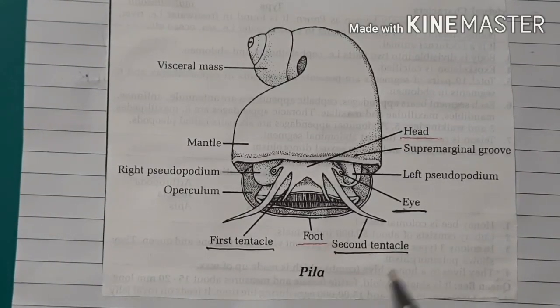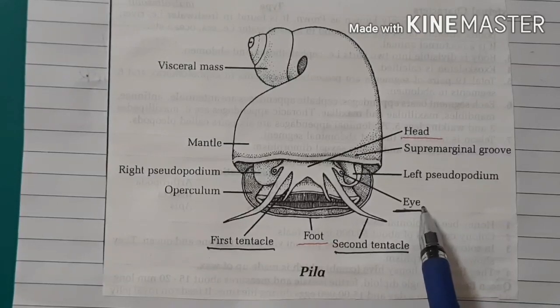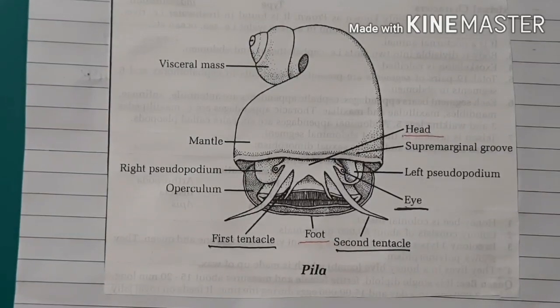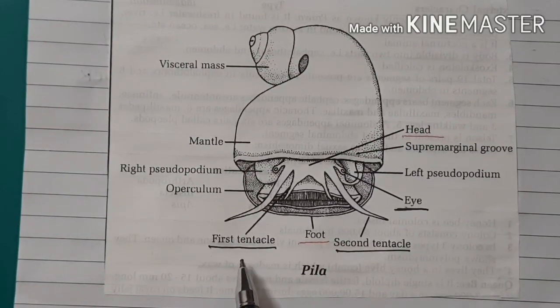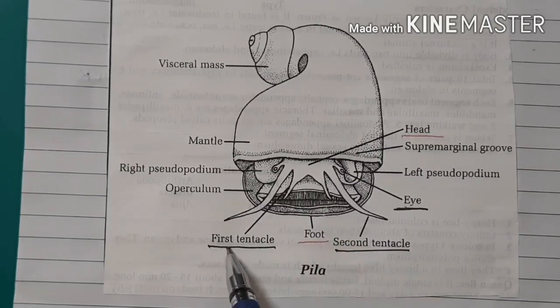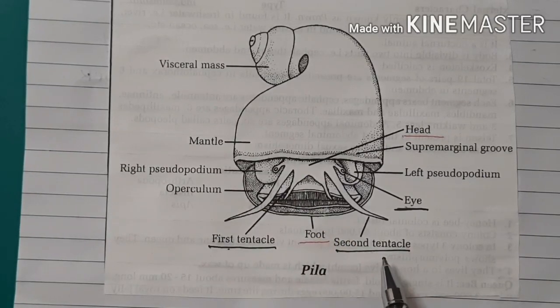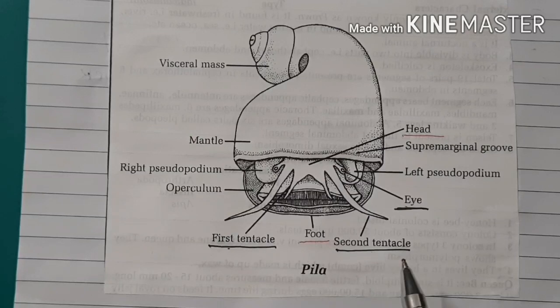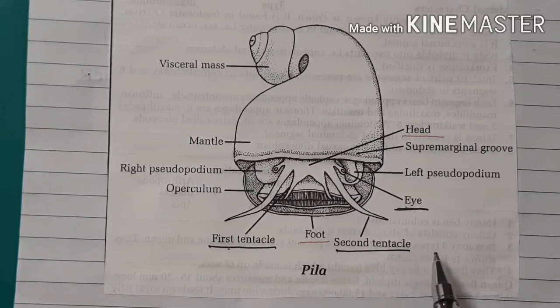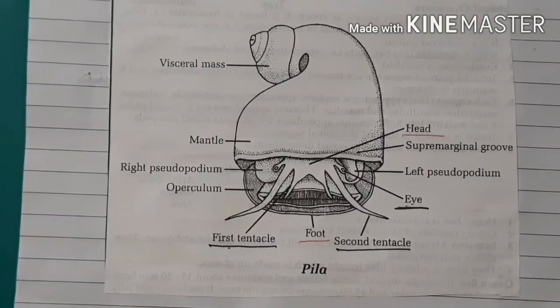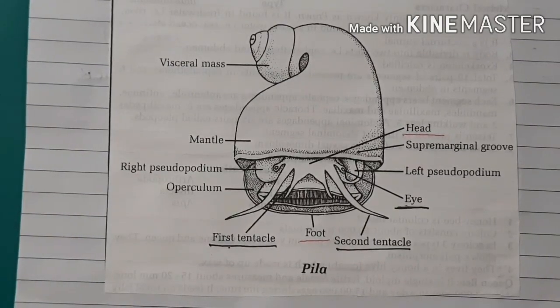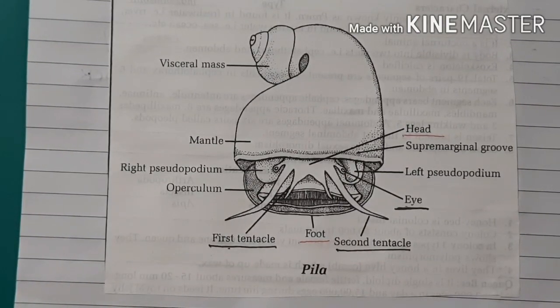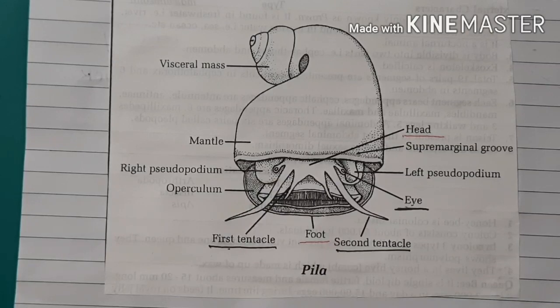It consists of sense organ, eye. Eyes are used for vision. Second sense organ is tentacles. Observe here the first tentacle, second tentacle. It is useful for tactile sensation. The third important point is it consists of osphradium, which is useful for testing the purity of water.